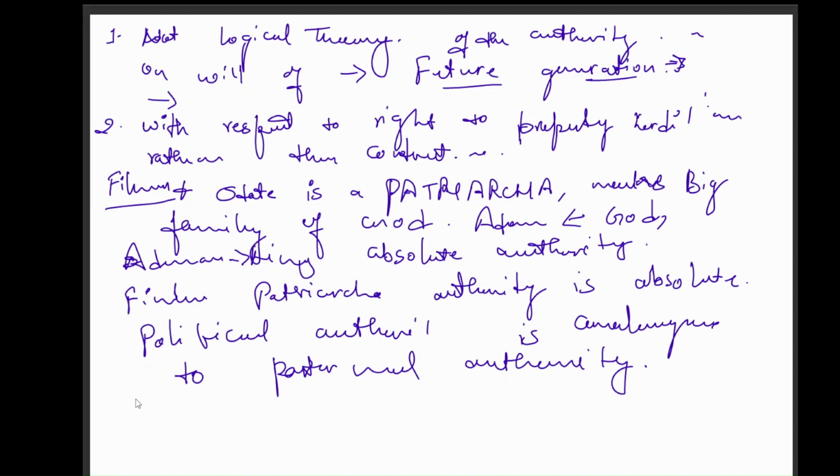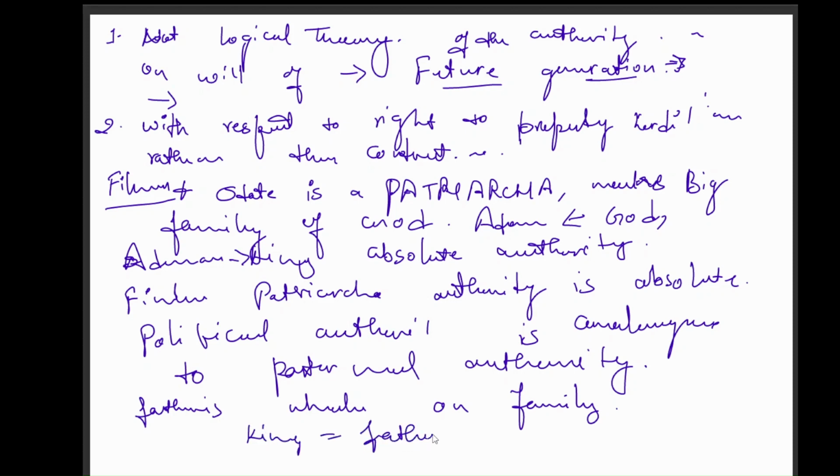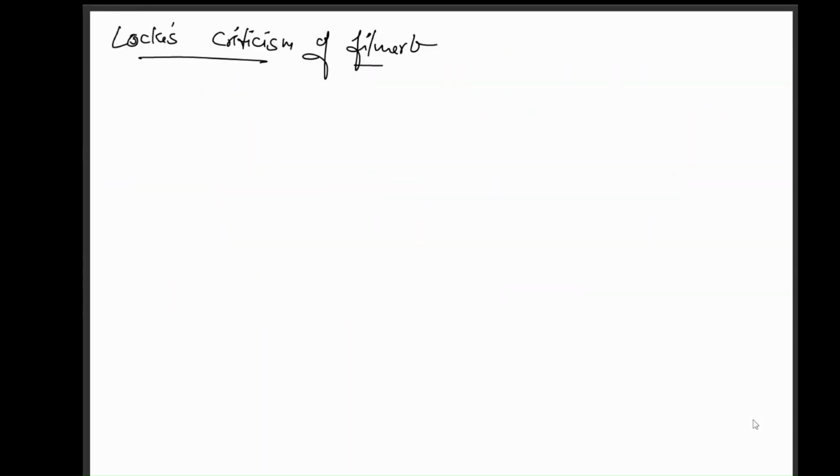He related this authority with the father's authority. He says, like the father has whole control over the family, the state is the big family of God, so the king is the fatherly figure and the head of the family, and all should abide by him.